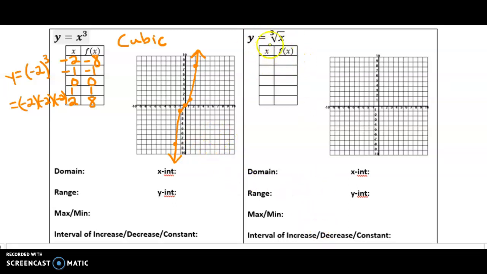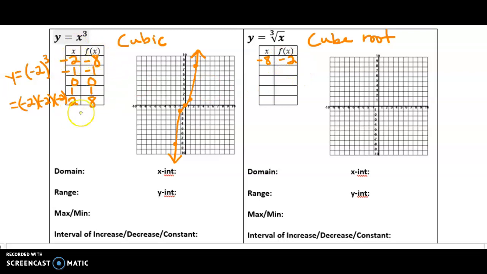On the contrary, y equals the cube root of x, this is our cube root function, is going to be a little bit different. If we're taking the cube root of something, I don't know the cube root of -2 because it's not a perfect cube. But I do know the cube root of -8 is -2.